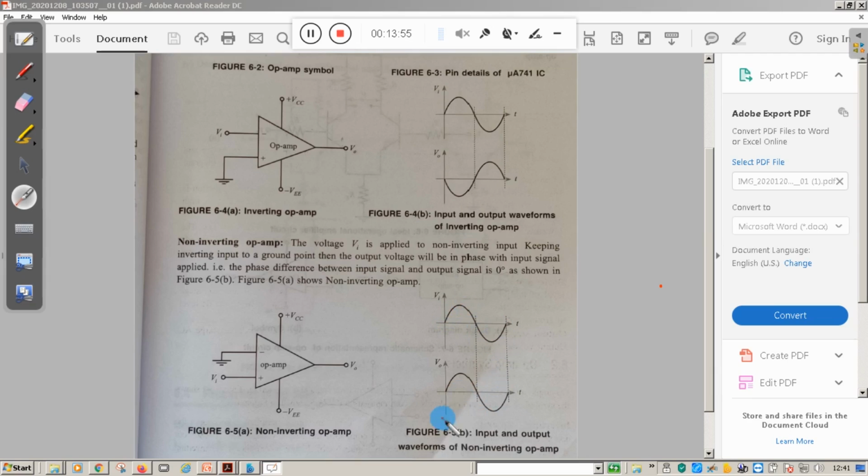So here you can see the input, and here you can see the output in phase with the input. Here you can see the output is out of phase, like a 180-degree phase shift with the input. So this is the connection of the operational amplifier with respect to inverting and non-inverting. In the next session we will see how the operational amplifier can be used as a multivibrator.